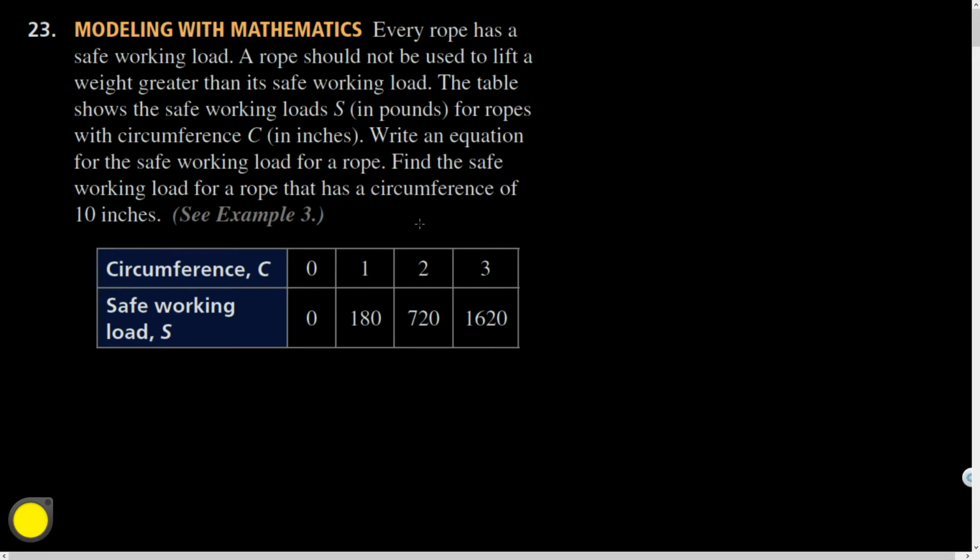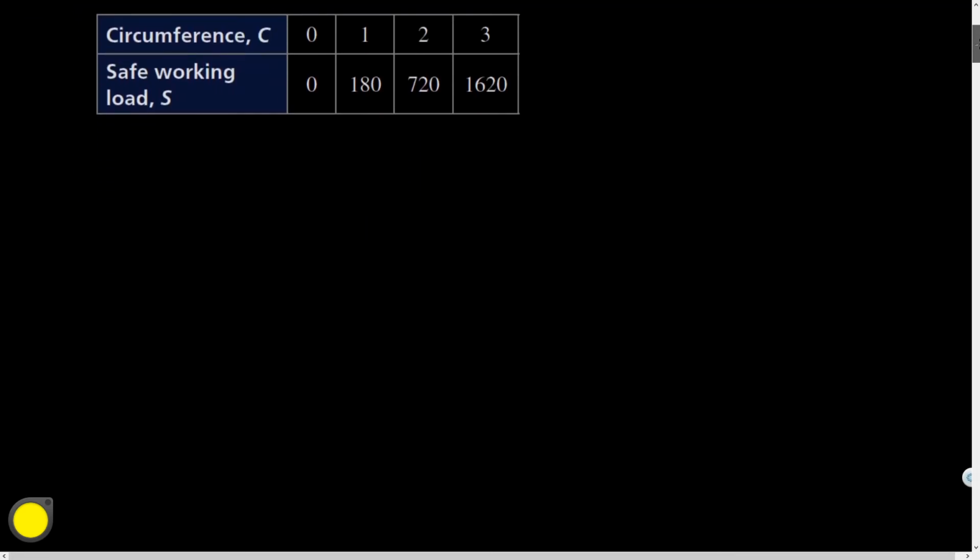All right. The first thing we would do with this is figure out, is it quadratic? So we would do our little differences thing. The differences between those are 180 and then 540, and then 900.